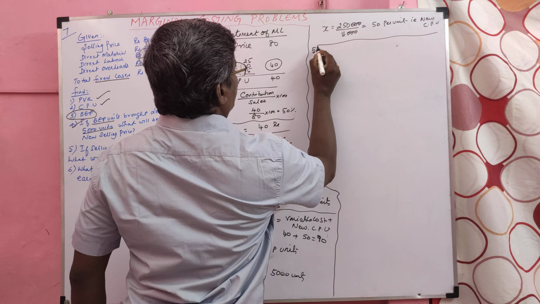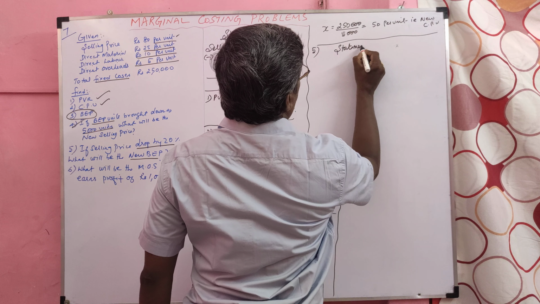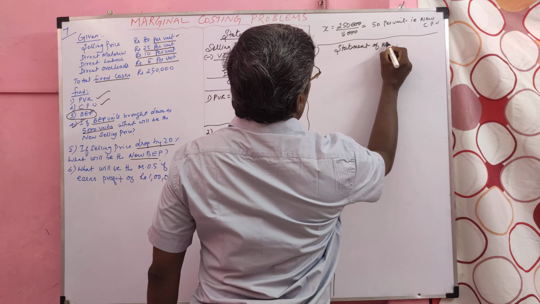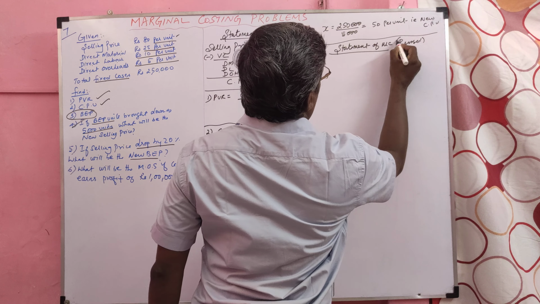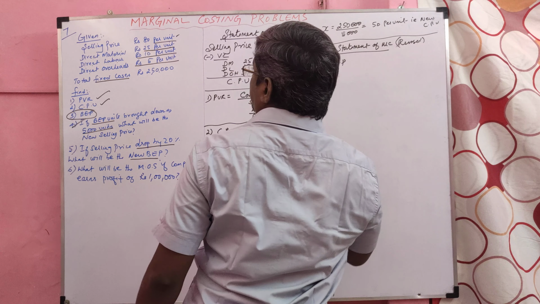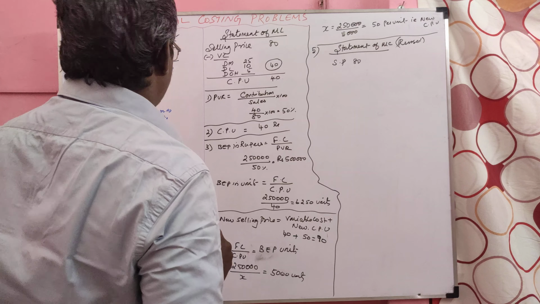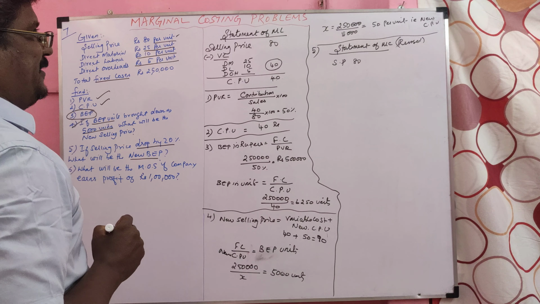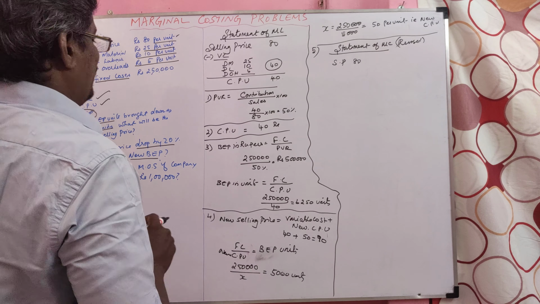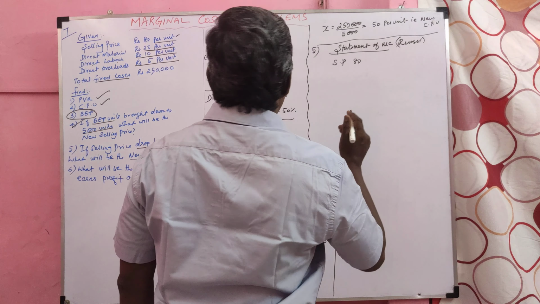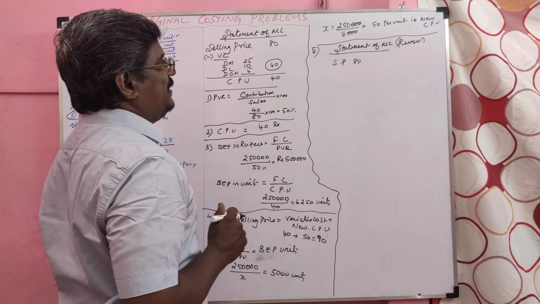Again we have to prepare statement of marginal costing, revised. Our old selling price how much? 80 rupees. How much are we going to decrease? 20%. We are going to decrease by 20 rupees.